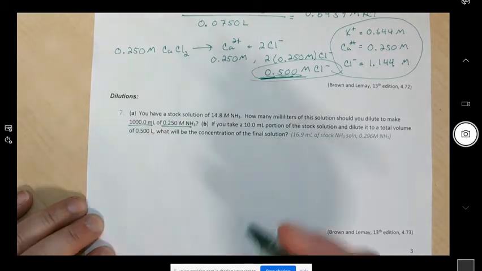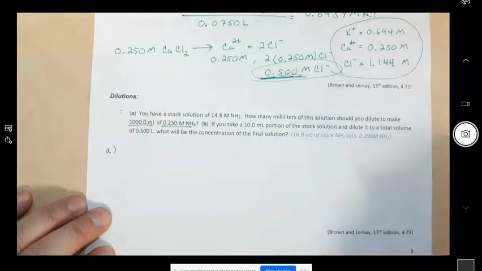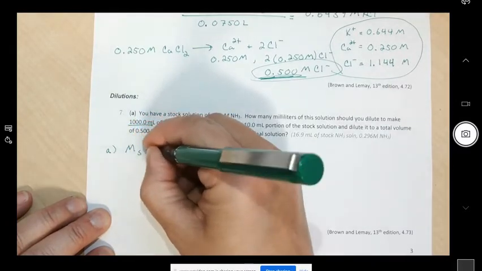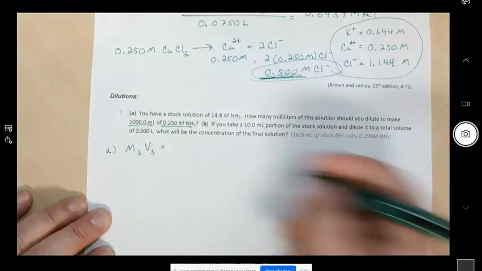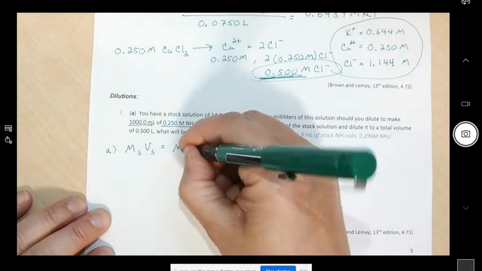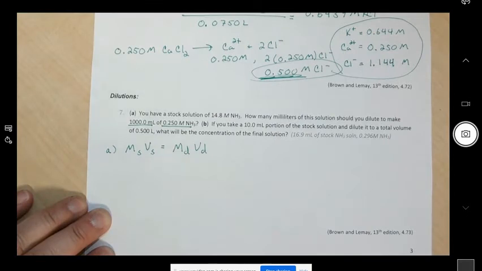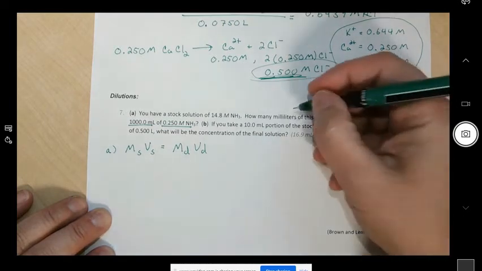So here's what we're going to do for part A. We're just going to use that molarity of our stock solution times the volume of our stock solution is equal to the molarity of the more dilute solution times the volume of the dilute solution. So again, moles of ammonia, we're not going to change the moles by diluting it. So we can use this formula because moles stay the same. Remember, molarity is, and let's take a quick look at this.